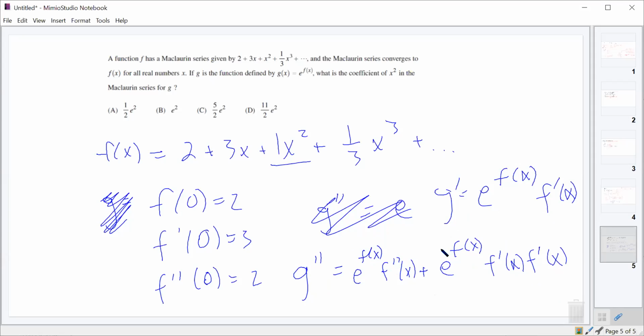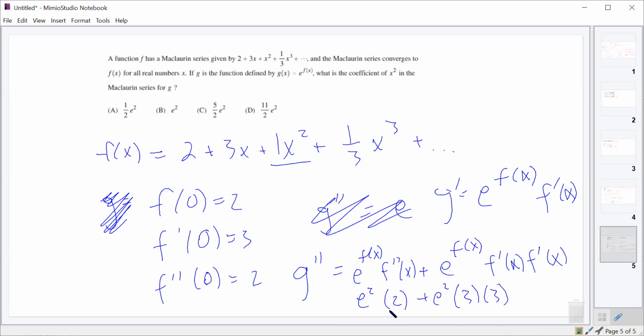And if we're going to evaluate that at x equals 0, this should be e to the f of 0 times f double prime of 0, plus e to the f of 0, which is e squared again, times f prime of 0 and another f prime of 0, which is 3 and another 3.